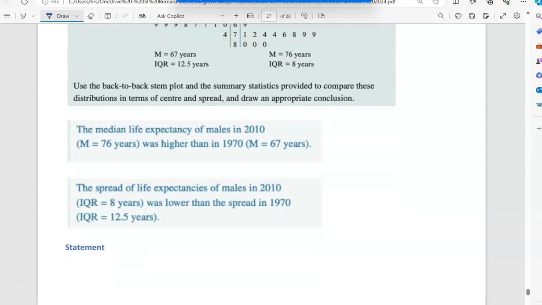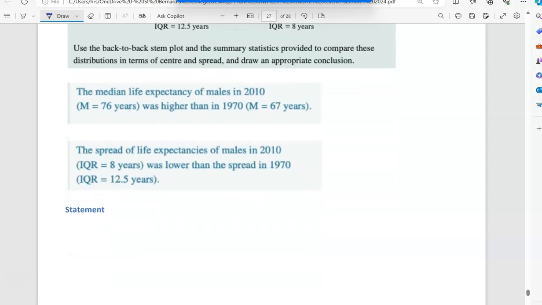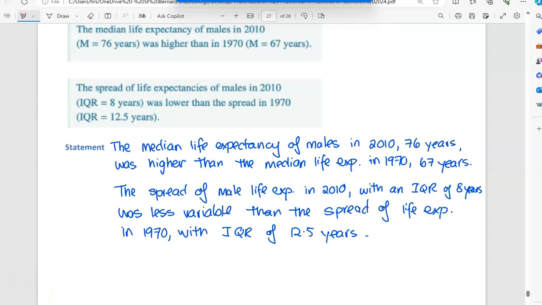They've given it to us, and what we're going to do is write a statement. So I want you to copy down what I write. With the statement we've written here, I want you to highlight in your notes that this is what I and examiners will be looking for. Highlight it so that when you write yours in your test, you're making sure.